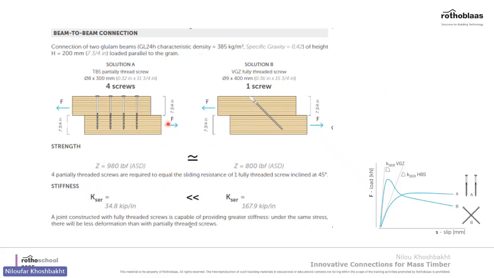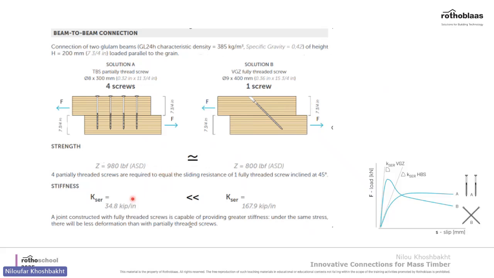That gives us 980 pounds of resistance. If we use only one fully threaded screw at 45 degree incline, we get around 800 pounds of capacity. So as you see, the capacities are almost similar.